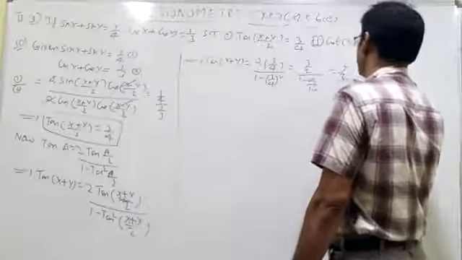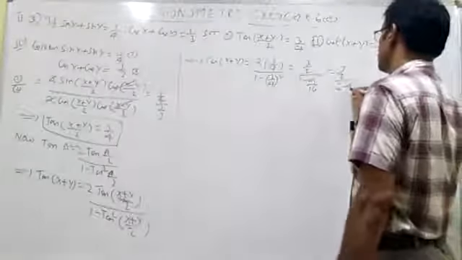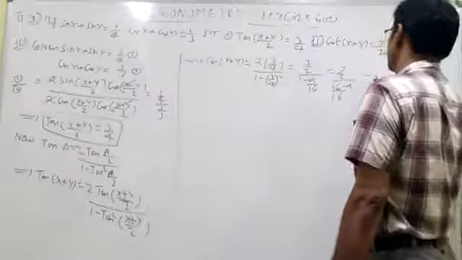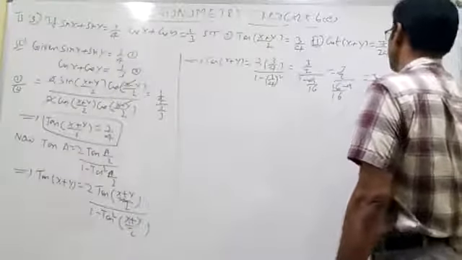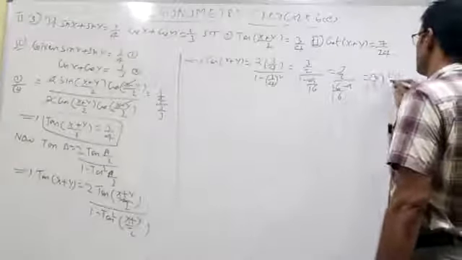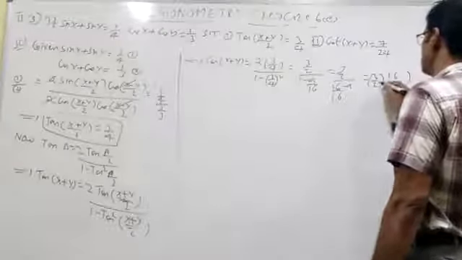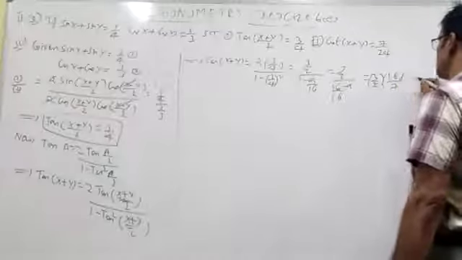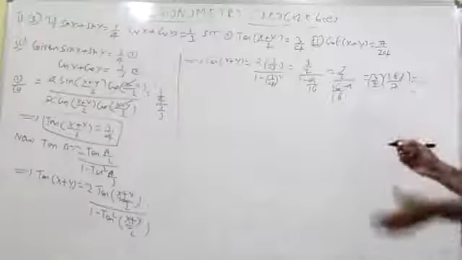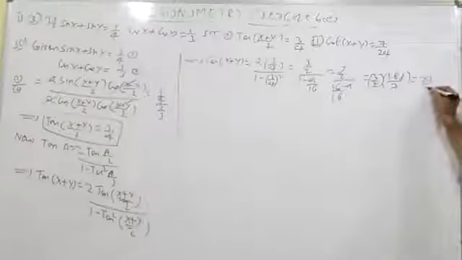This is 3 by 2 by, take LCM, (16 minus 9) by 16. That is equal to 3 by 2 into 16 by 7. This 2 will divide 8 times, 3 8s are 24 by 7.